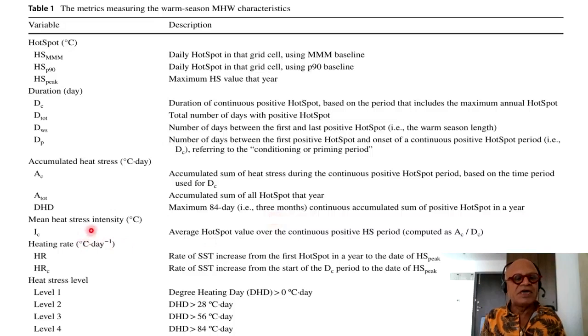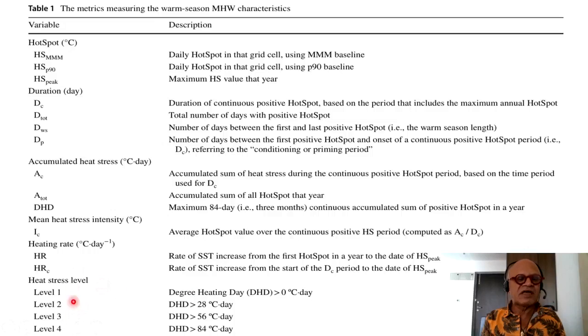Okay, mean heat stress intensity is the average hotspot value over the continuous positive HS period. So it's basically AC divided by DC. Heating rate is done for a rate of SST increase from the first hotspot in a year to the date of HS peak. HRC is the rate of increase from start of the continuous HS day to the HS peak day.